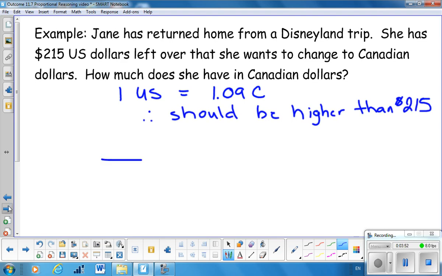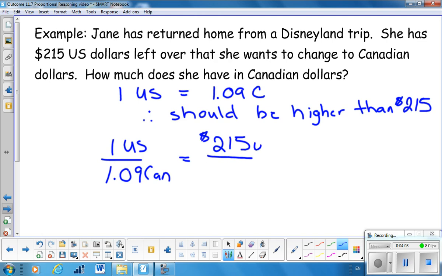The first ratio is the exchange rate. So 1 US dollar is equal to 1.09 Canadian. On the other side, we know that she has $215 US. That has to stay on the top because that's the way our first ratio was set up. And we want to know how much is that in Canadian.